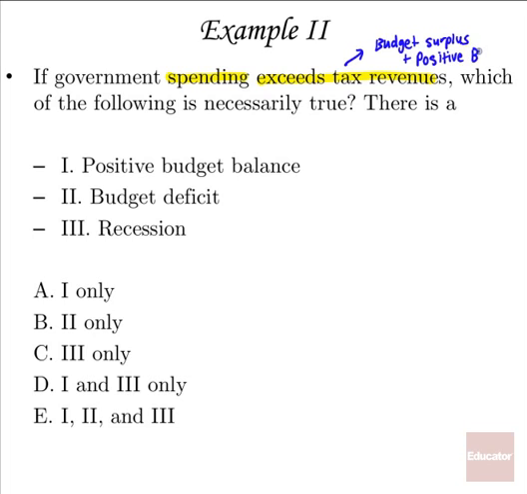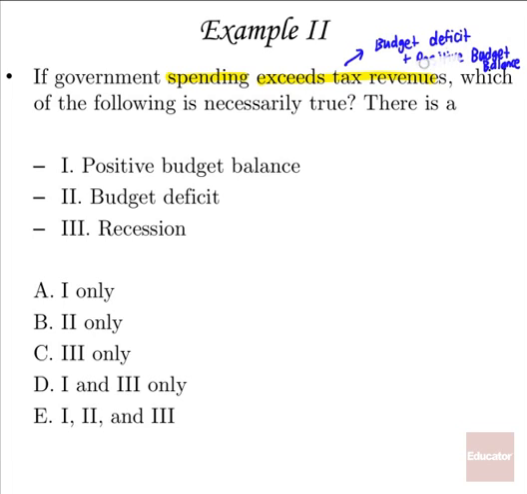So again, before even looking at the choices, understand what it is. If the government's spending, I'm sorry, this is not a budget surplus here. This is actually the opposite. This is a budget deficit. Because if spending exceeds tax revenue, then you're spending more than is coming in.